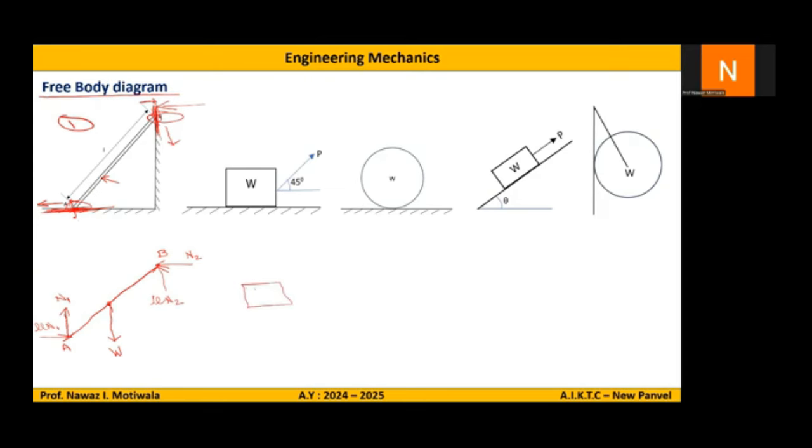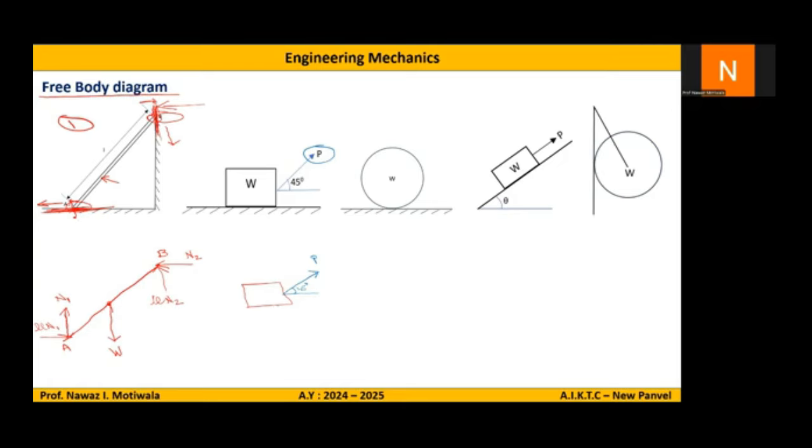The first thing to be shown in the free body diagram is the applied force. So here in the given question, you can see that there is a force P which is applied at an angle of 45. So I will show the applied force as it is. So this is force P acting at some angle theta, that is 45. So I have completed my first part, that is show the applied forces.